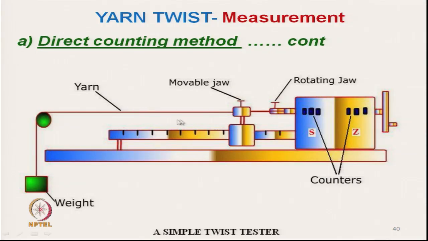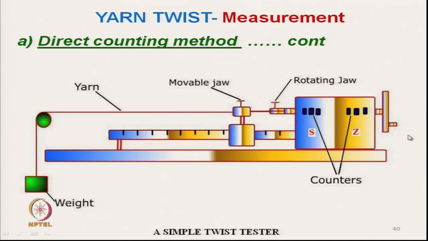So, we move this jaw. First what we have to do? We have to fix the yarn end at the rotatable jaw, that we are fixing. Then we set the movable jaw, the test length we are setting.